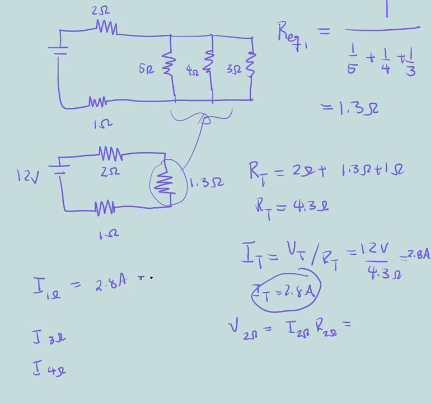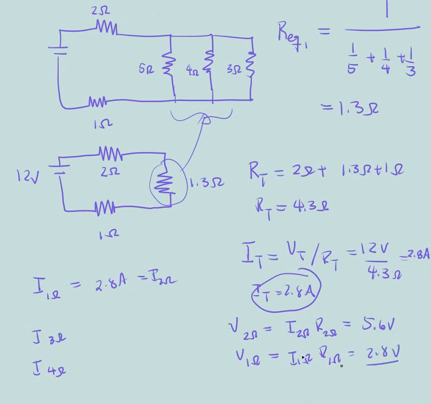So it is 2.8 times 2, and we get 5.6 volts. The same thing with this one here, because it's very easy. The voltage in the resistor of 1 ohm is going to be its current times the resistance of 1 ohm, which is 1 ohm times 2.8, which is 2.8, right?